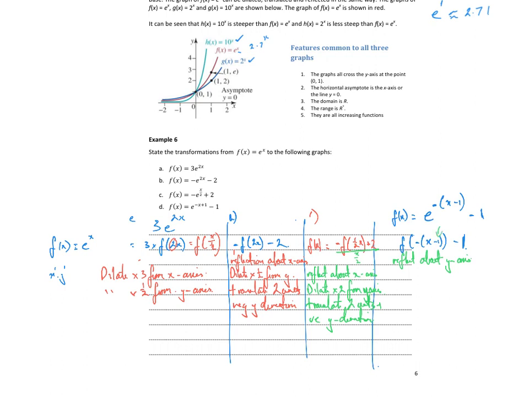And in actual fact, we have 1 unit in the positive x direction. Translate 1 unit positive x direction and translate 1 unit negative y direction. Sorry about the writing, it's pretty hard to read, isn't it? So it's moving down, it's moving right, and it's reflecting about the y-axis. Righto.